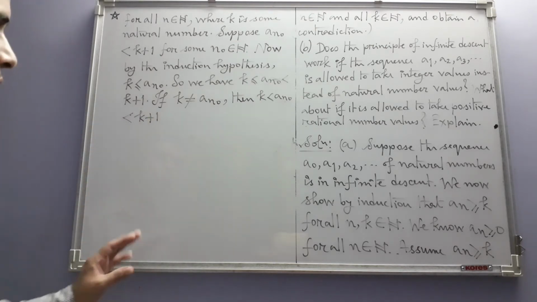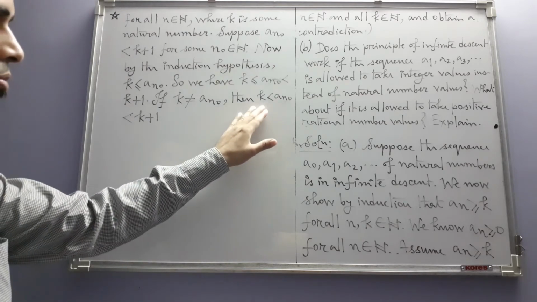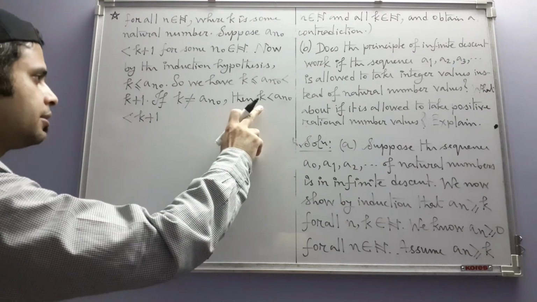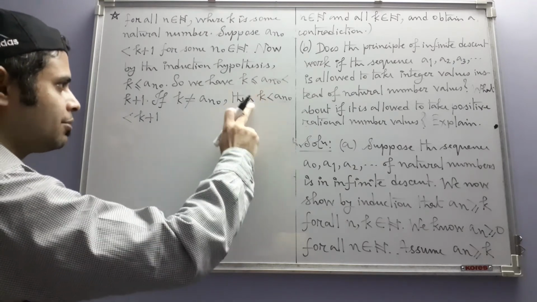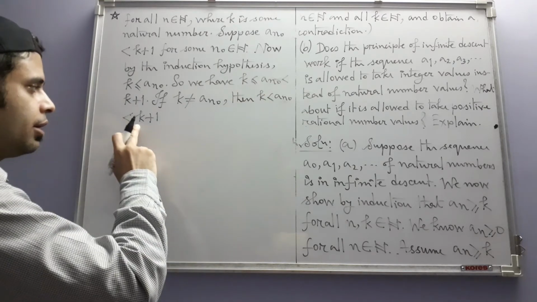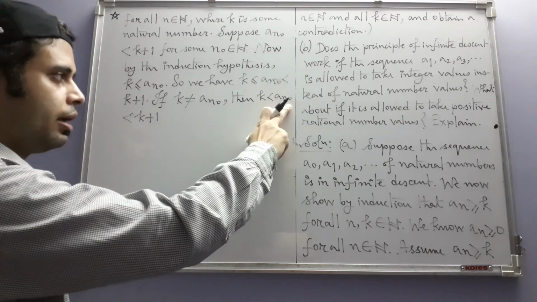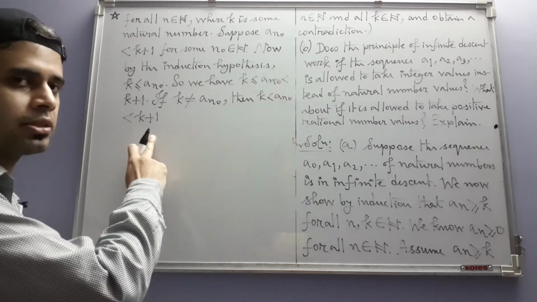And here instead of thinking extremely logically about these things, you just simply think of the situation. You have a natural number k and you have k plus 1. Can there really be a natural number a_n0 between k and k plus 1?